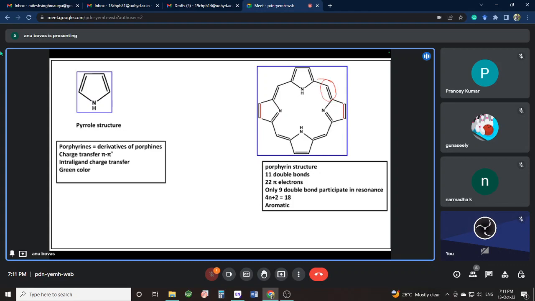So in the porphyrin structure, as you can see here, there are 11 double bonds. That means totally 22 pi electrons. But the bonds marked in red, these two bonds will not participate in resonance, and therefore only 9 bonds participate in resonance. It will follow 4n plus 2 pi electrons, Huckel's rule, and it will be aromatic in nature.